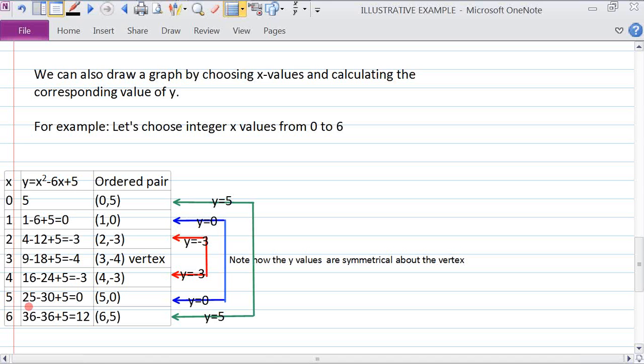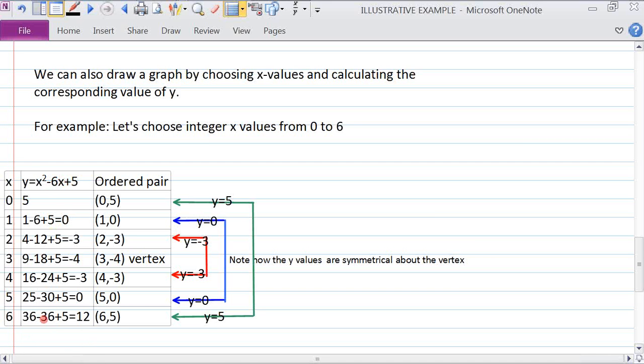We choose x is 5. 5 squared is 25, minus 30, plus 5 equals 0. So when x is 5, y is 0. That's another ordered pair. And finally, when x is 6, we get 6 squared, 36, minus 6 times 6 is 36.